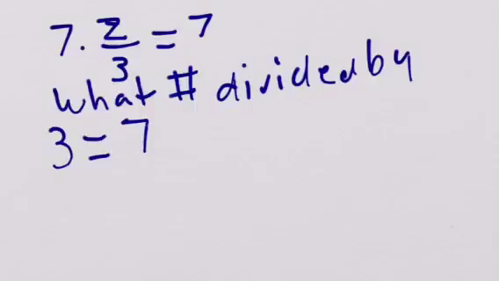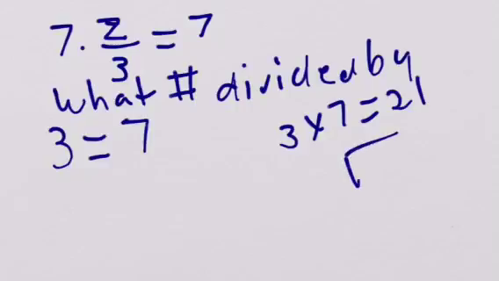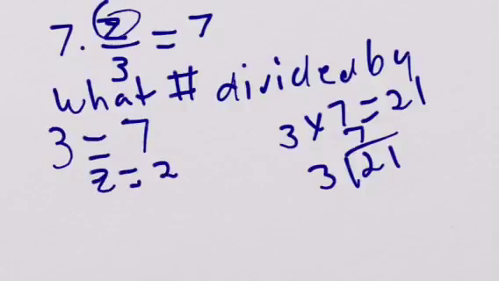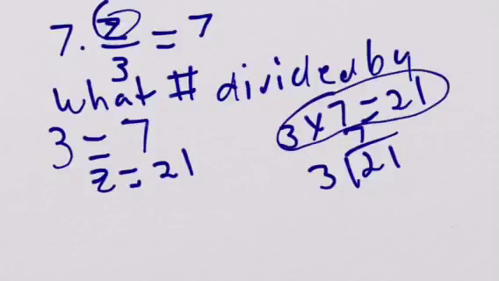Well, if I know my multiplication facts, I would know 3 times 7 equals 21. 21 divided by 3 is 7. So my answer up here, z equals 21. So if you know your multiplication facts, as in 3 times 7 equals 21, you already can figure out which number to plug in there.